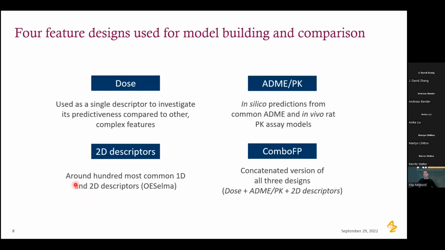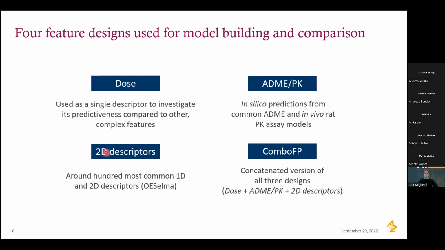As far as the feature designs that we've used to build the machine learning models, we have explored several. We've used only dose as a single feature, and this was to investigate the predictiveness compared to other more complex features. On the other side, we also built models with ADME and PK in silico predictions that come from our internal models. This also incorporated the model of the in vivo rat PK.